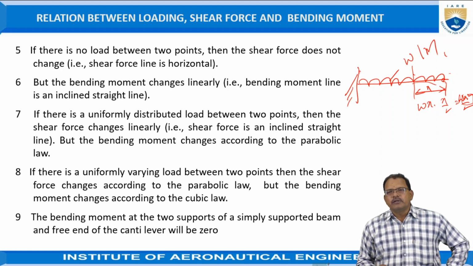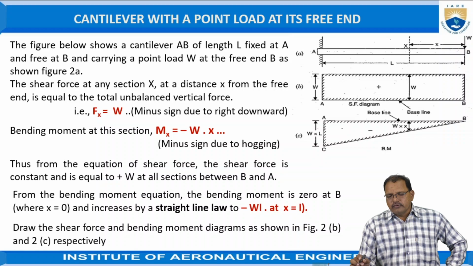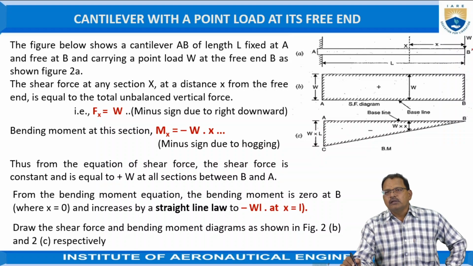And for the simple supported beam, the maximum values depend upon the vertical forces which are acting on it. For example, I am taking a cantilever beam with a point load at the free end. Here the shear force at point B is equal to W, as shown in the figure.